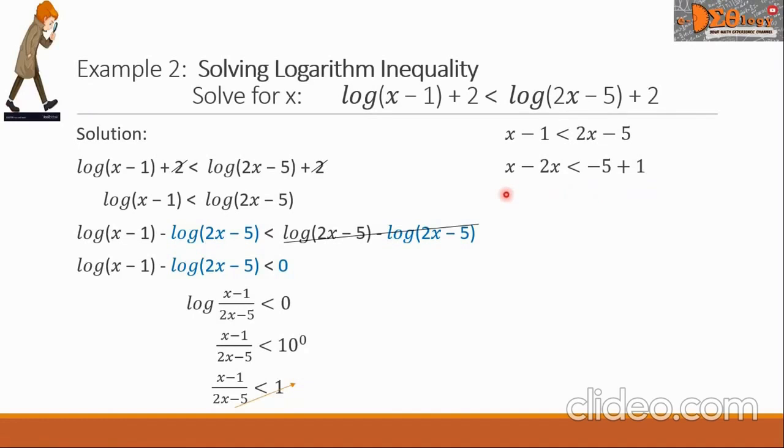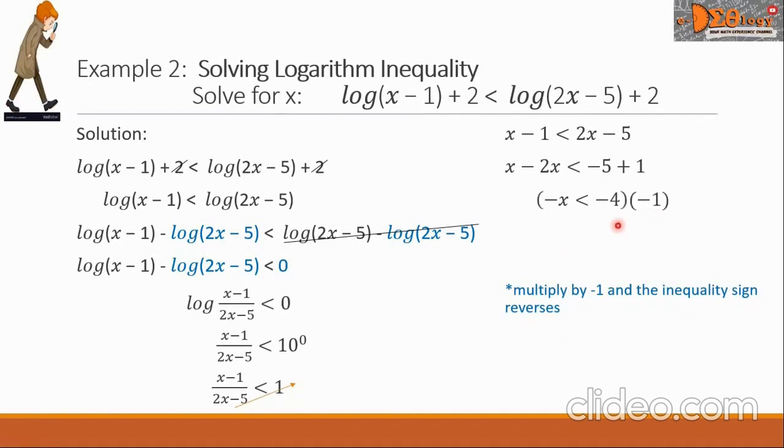Simplifying our inequality here, on the left side, x minus 2x will give negative x is less than, the negative 5 plus 1 is negative 4. Let us multiply this inequality by negative 1, and the rule says multiplying by a negative number makes the inequality sign reversed.